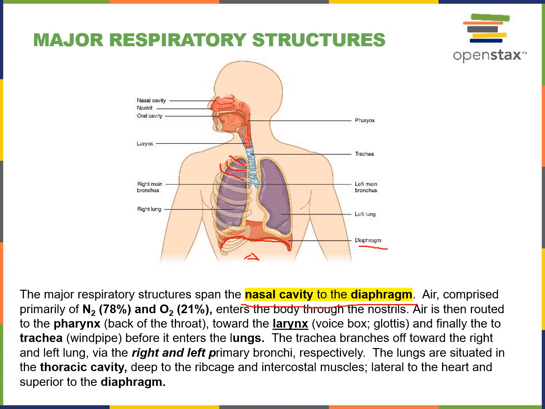So air is actually not oxygen. Air is only 21% oxygen, and the majority of another gas is present in air, and that is nitrogen. So air enters the body through the nostrils, which you know, and it is then sent along a passageway.